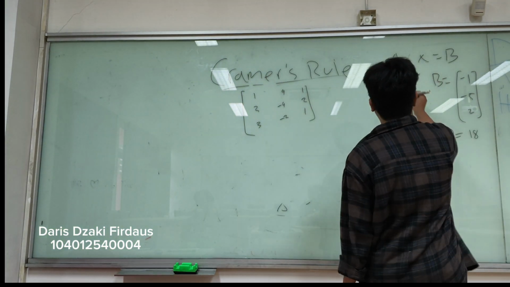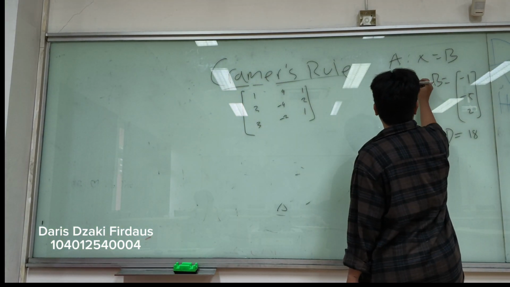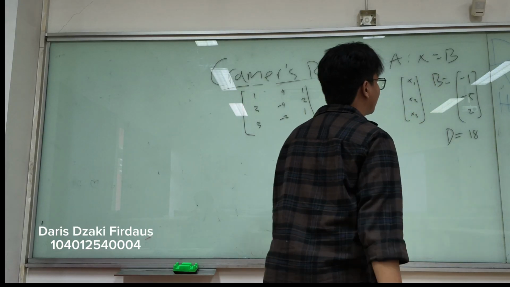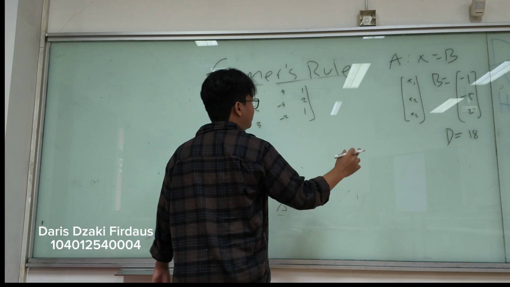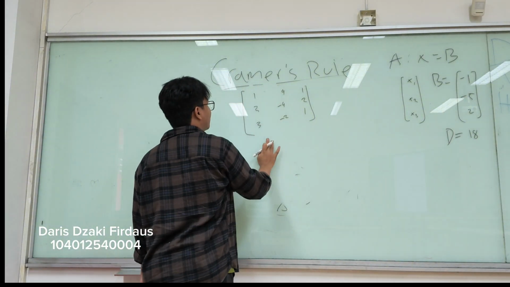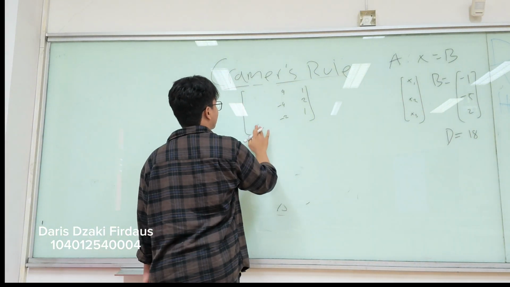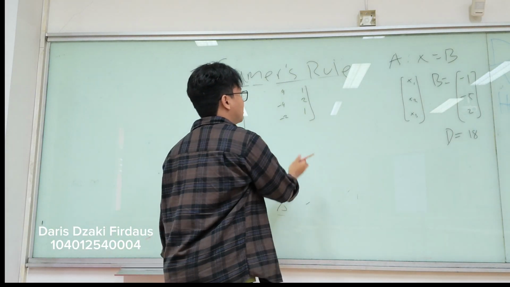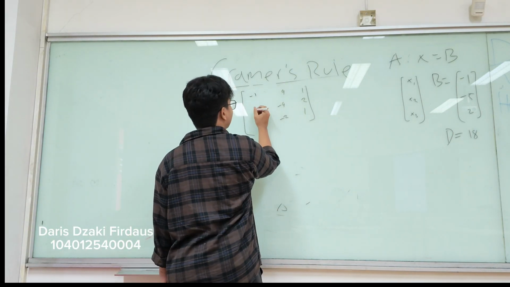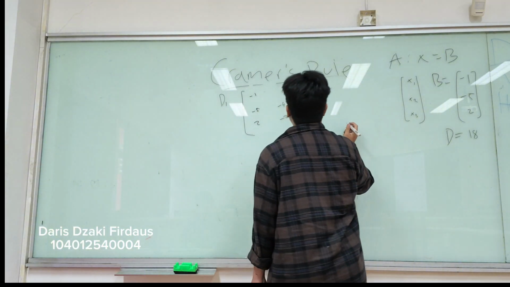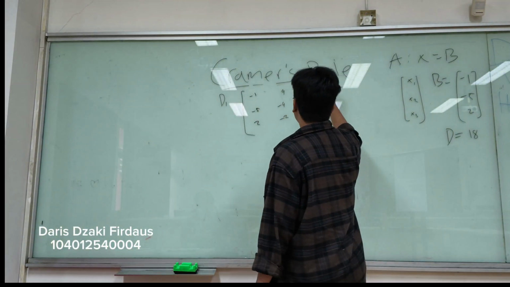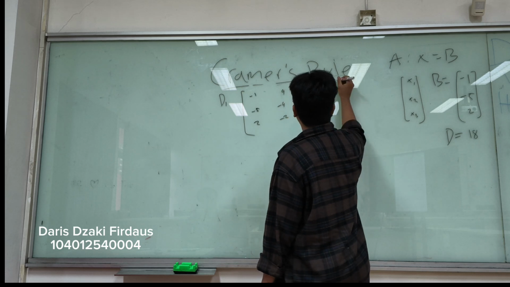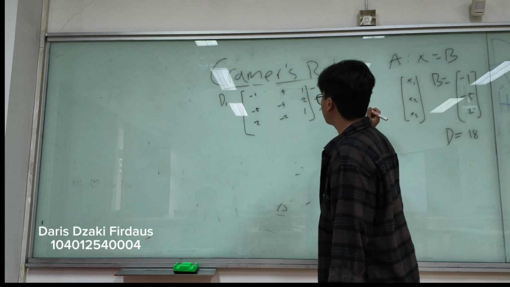We need to find x1, x2, x3. So the first step is we substitute the b into the first column. We substitute minus 1, minus 5, and 2. Same step as before, we move the first two columns into the back: minus 1, minus 5, 2, 4, minus 4, and minus 2.